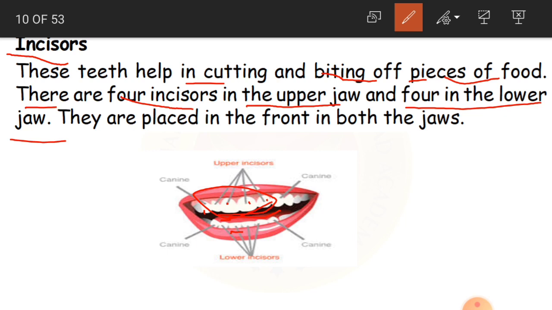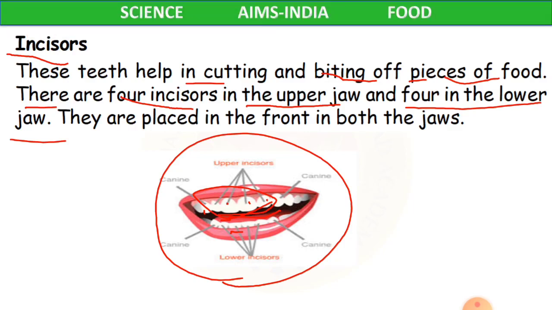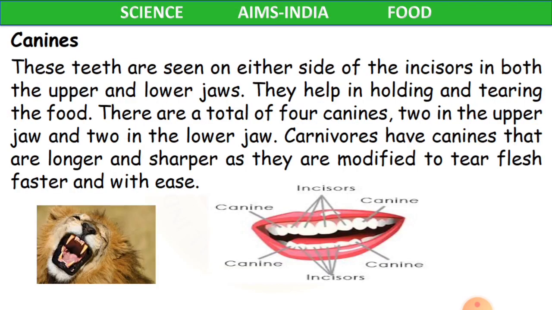As we can see here, both the upper jaw incisors and the lower jaw incisors are placed towards the front of our mouth. See here in the picture it is there very clearly. Clear, children? So these four incisors help us to cut and bite the food. Okay, children? Clear? And now canines.